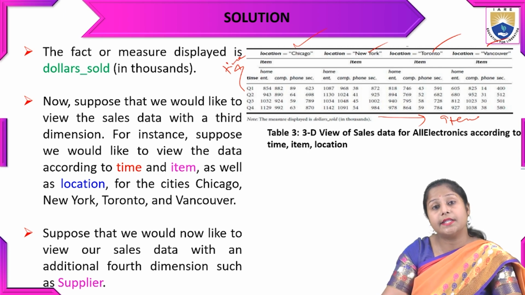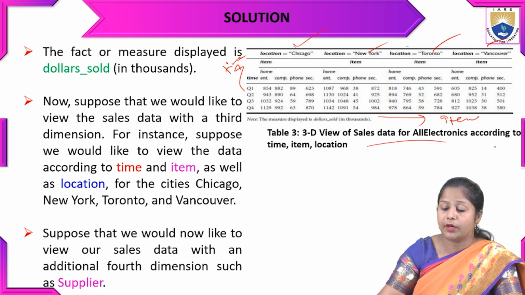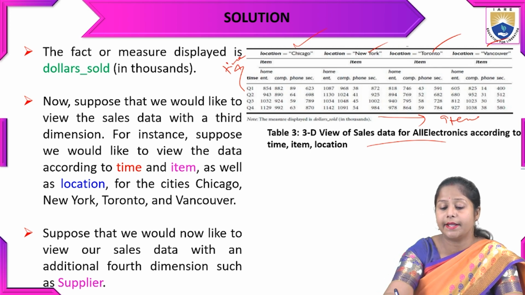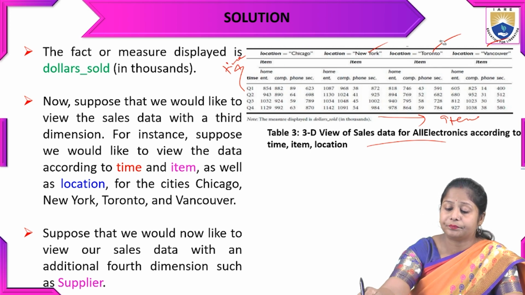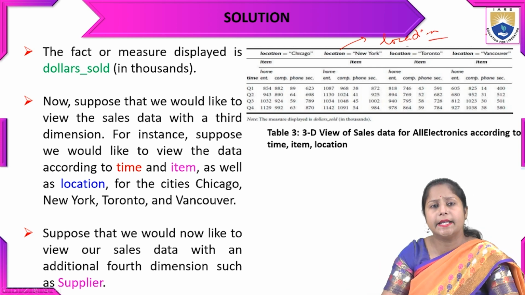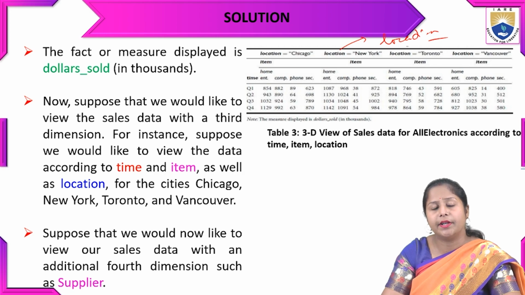So this is actually the 3D view of that particular sales data for All Electronics according to time, item, and here we are taking the third dimension, that is the location, right? So that is nothing but a 3D table, that is a logical table actually.